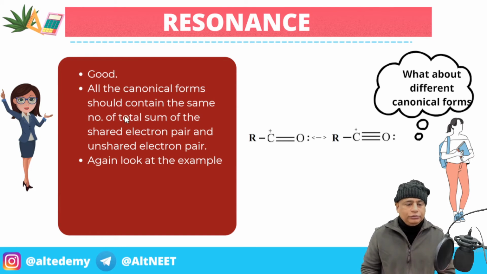All the canonical forms should contain the same total number of shared electron pairs and unshared electron pairs. Again, we can have an example. Let us see. We have a compound R C double bond O and there is a positive charge here. You can understand here we have 2, 2, 4 and the octet is completed. Now look at what we have done.